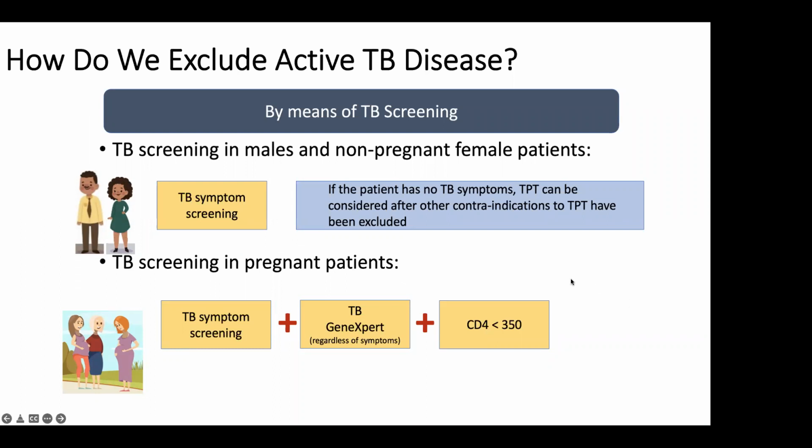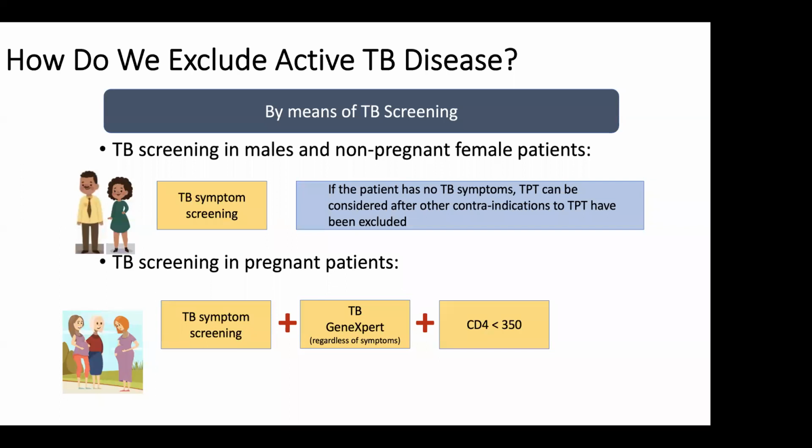Therefore, as you will see in the guidelines, the recommendation now is that women with CD4 counts less than 350 must be offered TB preventative treatment, particularly INH. If she has a higher CD4 count, we defer the INH to at least 6 weeks post-delivery, during the postnatal phase of her pregnancy. Then that's when we can give that.